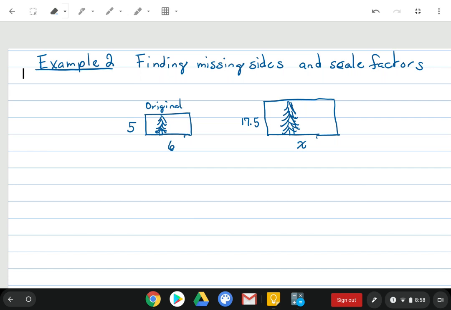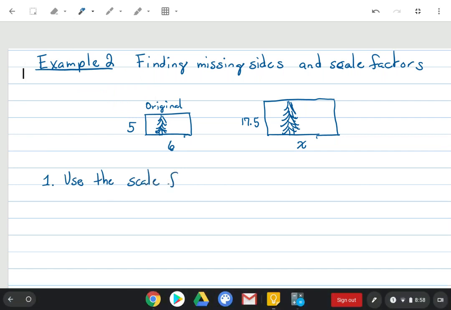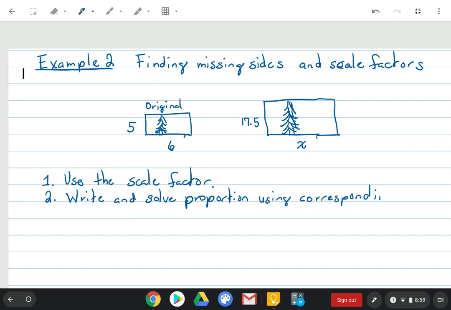We can either find a scale factor and use it, or we can write a proportion. Okay, I'm going to do the proportion way first.